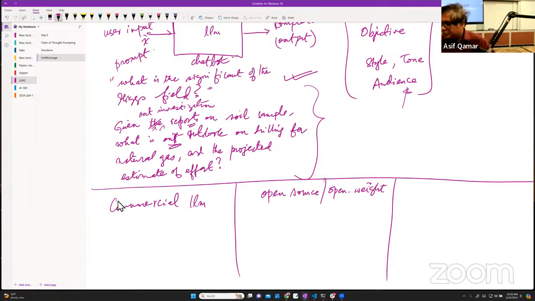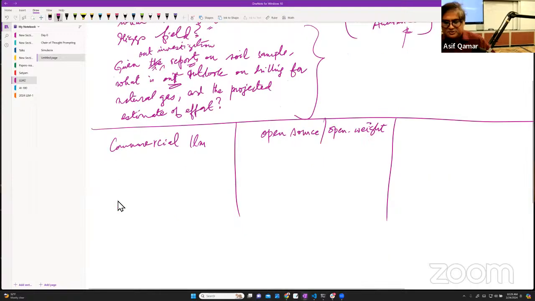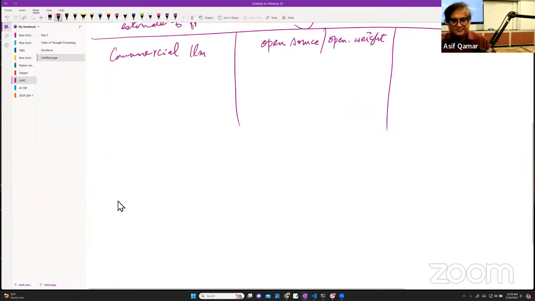Now, whether you take open source or open weights LLM, you have two further options. And so I'll put this matrix in which you have a quadrant, right? Open source, commercial. One is fine-tune it.